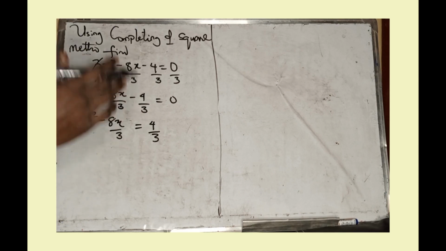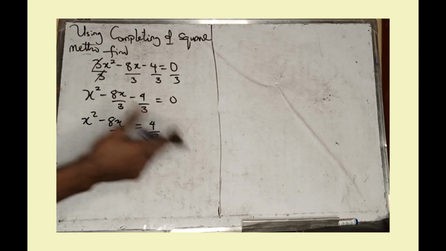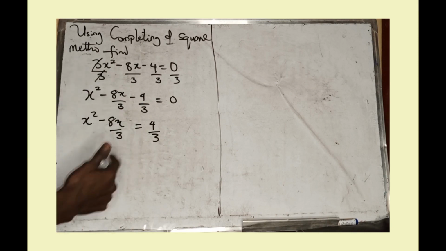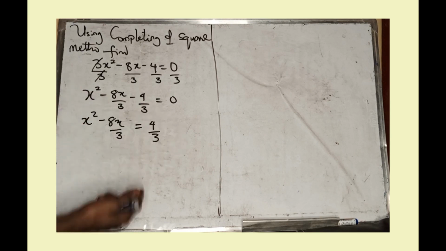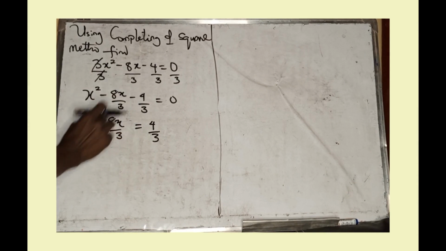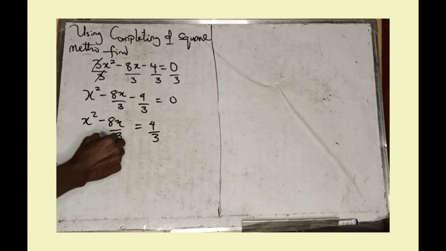Next is to add the square of half the coefficient of x to both sides of the equation. We need to add the square of half of the coefficient of x to both sides of the given equation. Now, the square of half of the coefficient of x is 1 divided by 2 multiplied by minus 8 divided by 3, then squared.